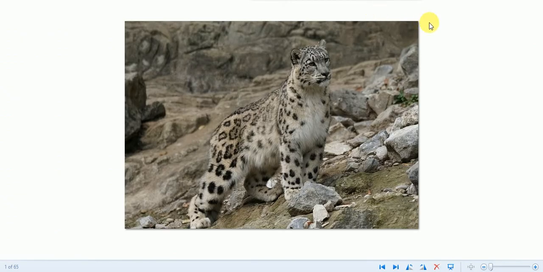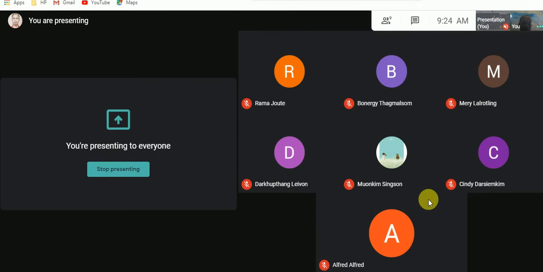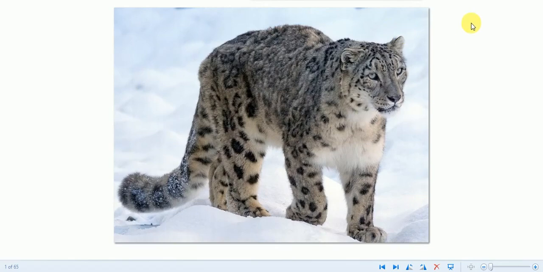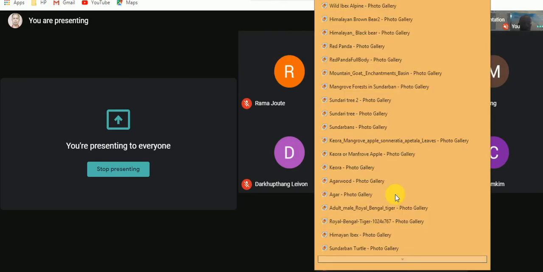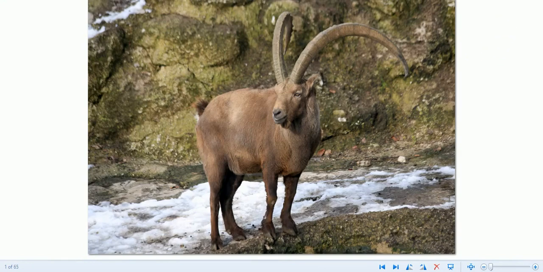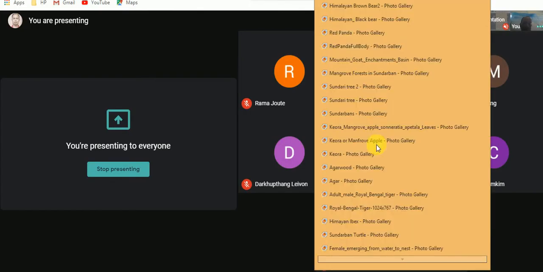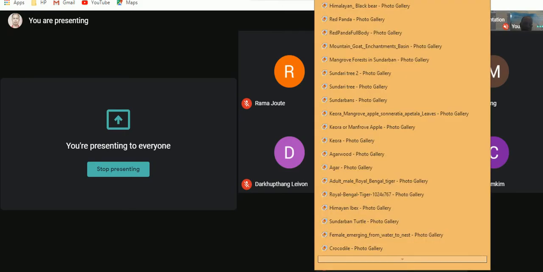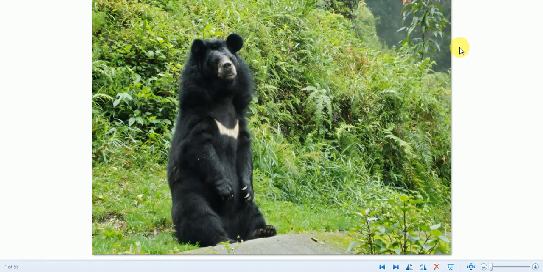Photograph showing snow leopard, and we have one more. This is a photograph showing snow leopard in India. This is a photograph showing wild ibex. A photograph showing Himalayan brown bear. This is another photograph showing Himalayan black bear.